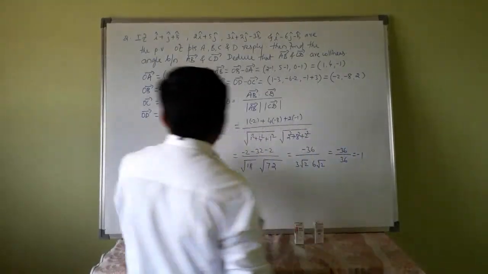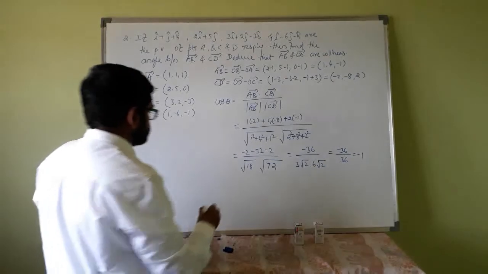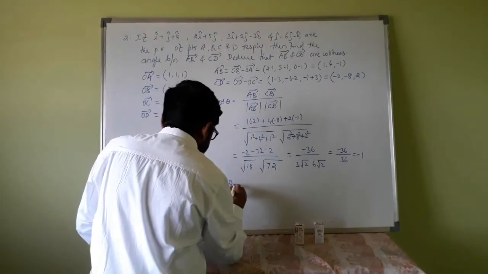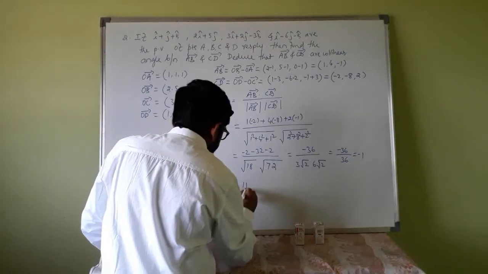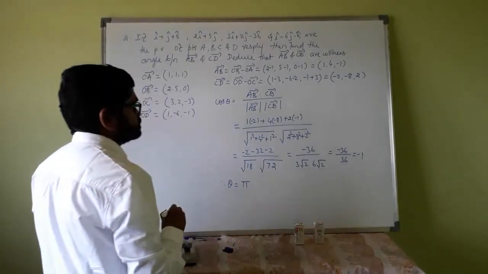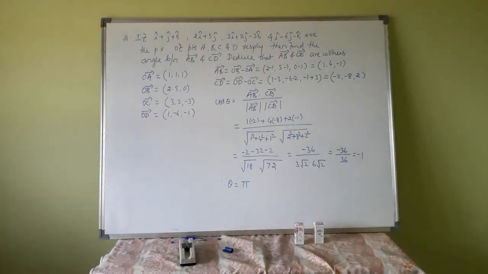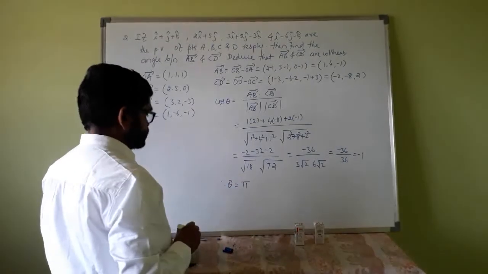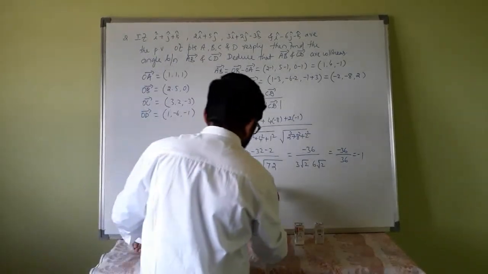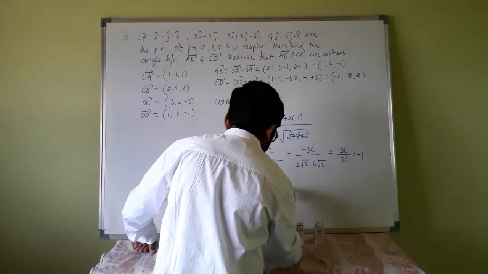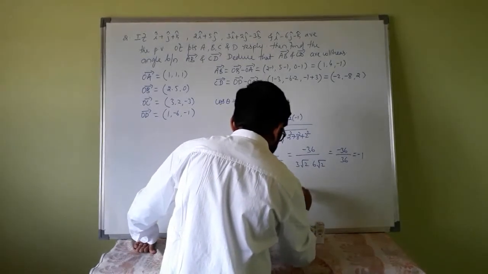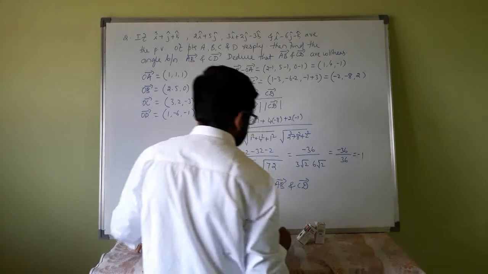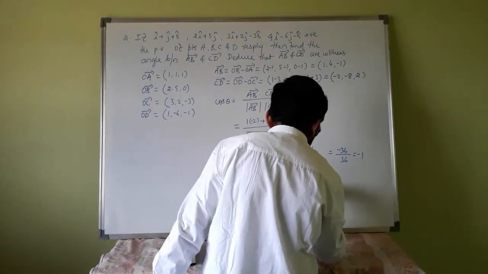Cos theta is equal to minus 1 means theta is equal to pi. It means exactly opposite direction, therefore AB and CD are collinear.